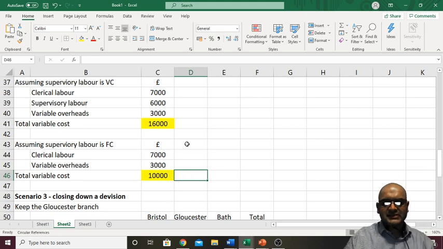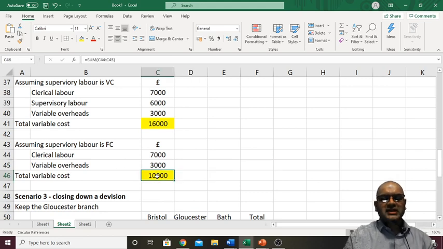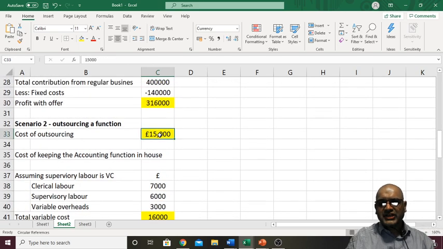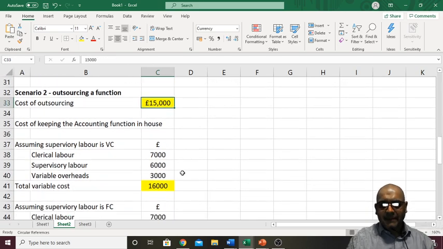Now if we keep this in-house, then of course it will cost us 10,000, because remember the supervisory labor is the type of cost you will incur whether or not you outsource. So in this case, it would be cheaper to keep the function in-house, right? In which case we'll reject the offer. So yeah, two different scenarios.